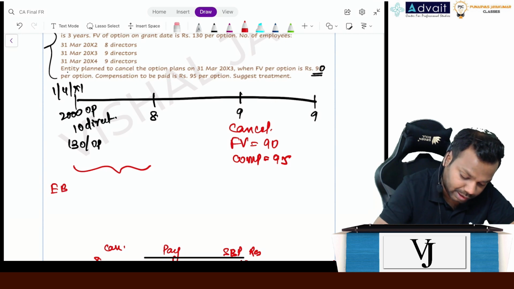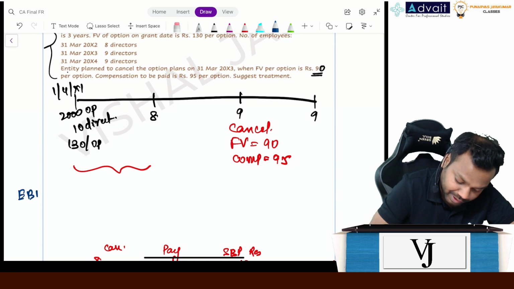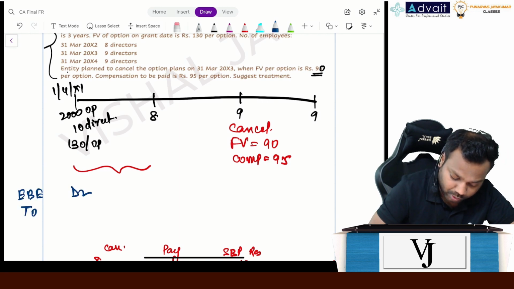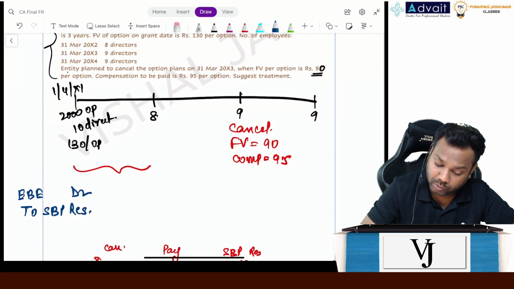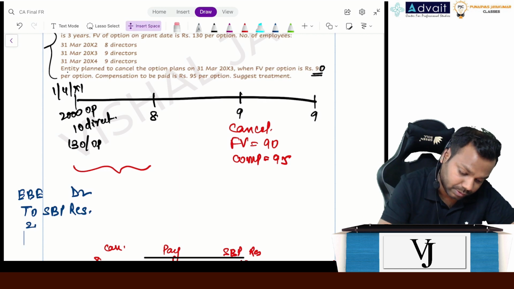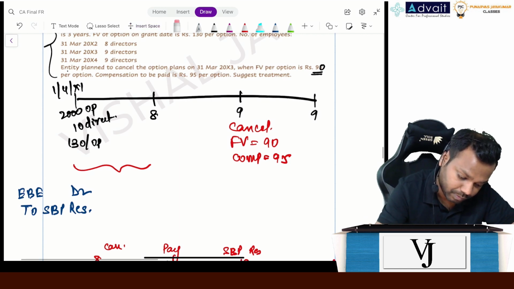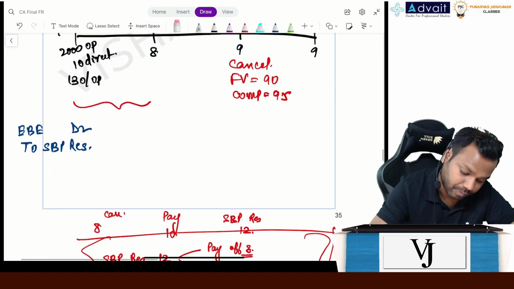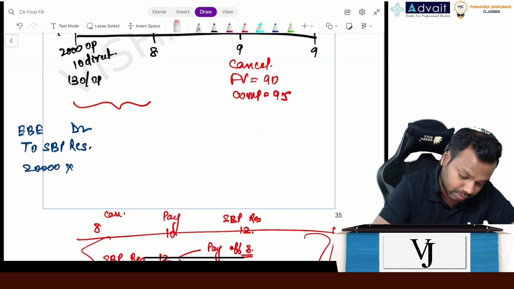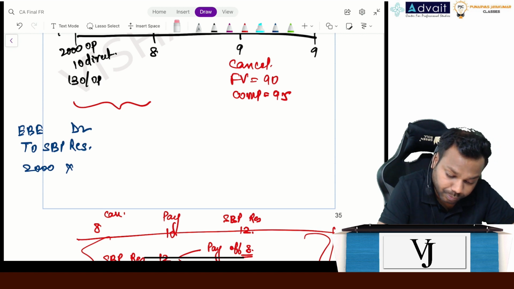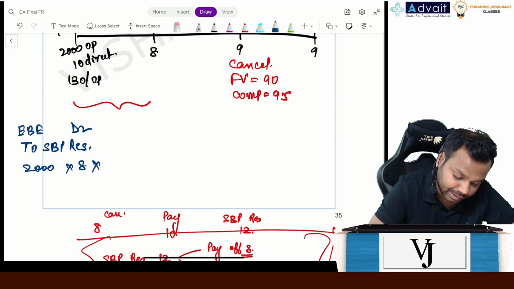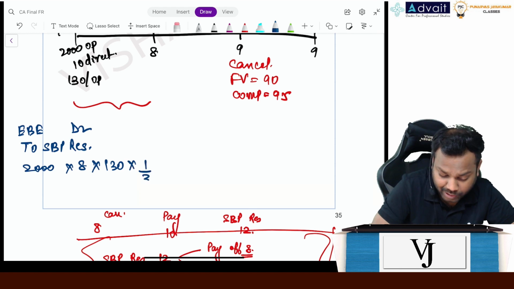Employee benefit expense account, debit to SBP reserve, is how much? 2000 options multiplied by 8 directors, multiplied by 130 per option, multiplied by 1 by 3.